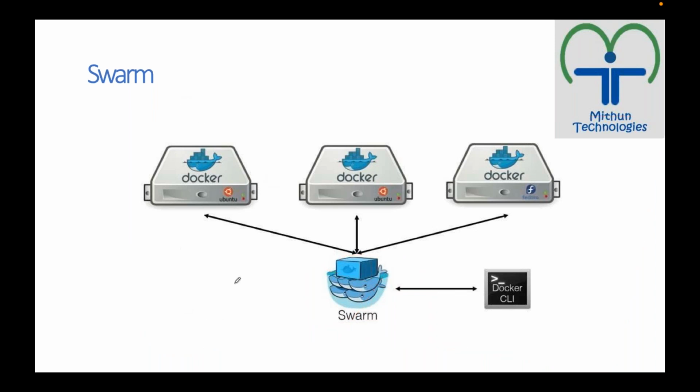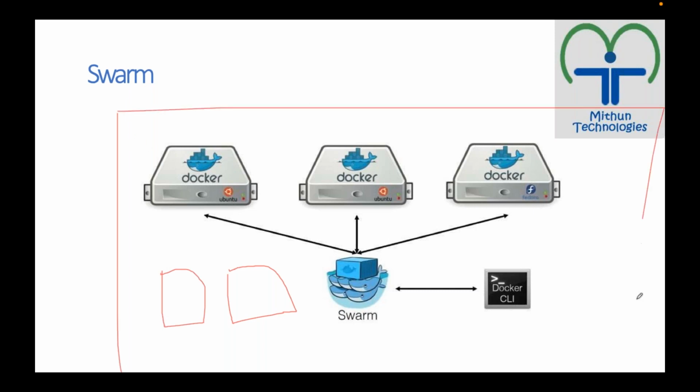So instead of one master, let's say I have another master like this, multiple masters, multi-master. If there are multiple masters and this master goes down, is another master available to manage this cluster?